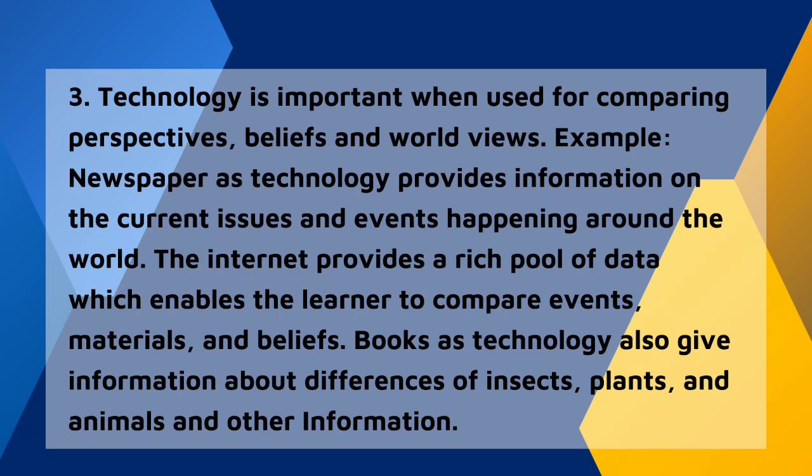And of course, books as technology also give information about differences of insects, plants, and animals, and other information. So basically, we can use technology such as newspaper, the internet, and the books for us to compare the perspectives and of course the beliefs and worldviews of the people that are surrounding us.